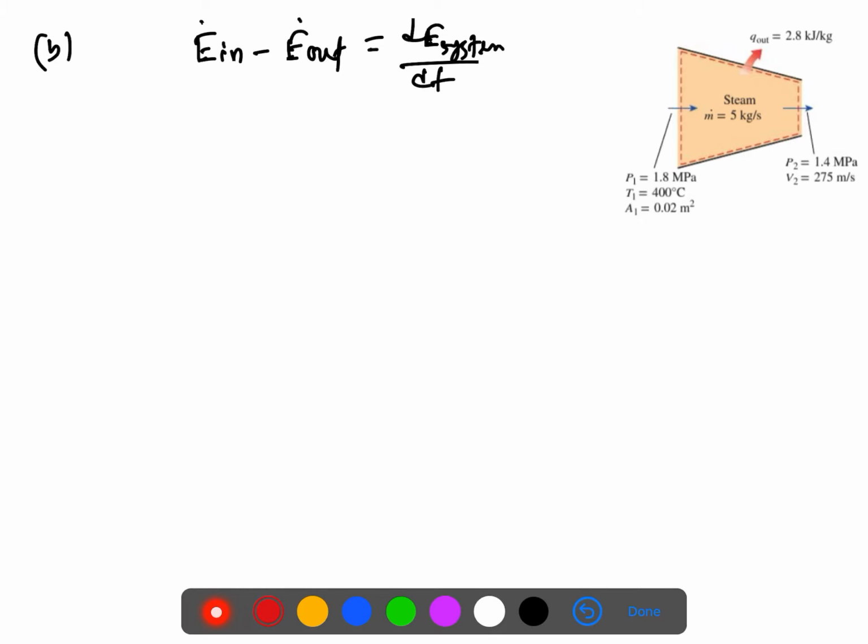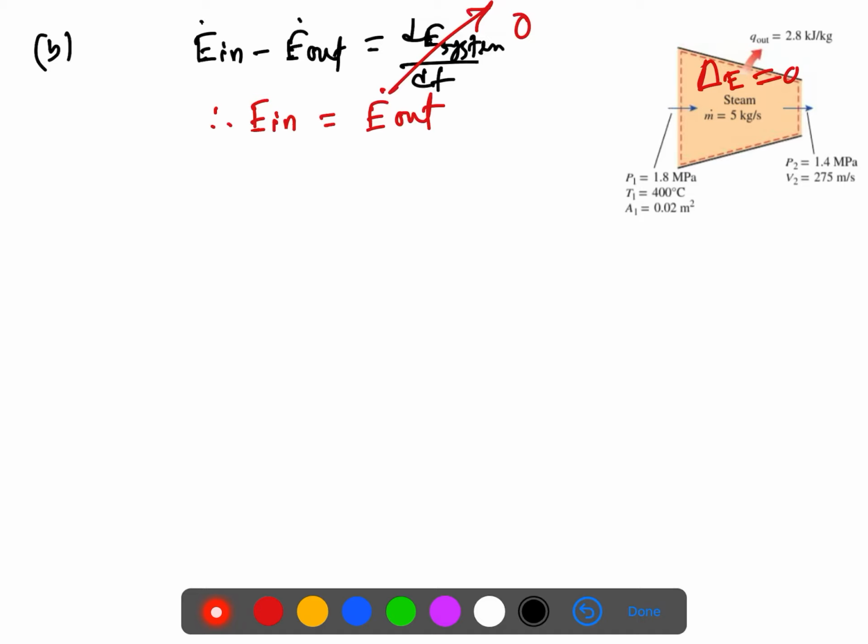As it is a steady problem, this delta E is 0, so this term is 0, which means the energy in will be equal to the energy out, right? I already discussed the formula earlier.